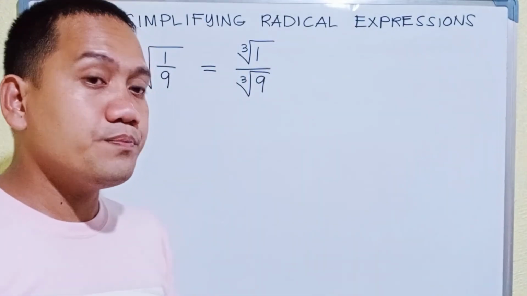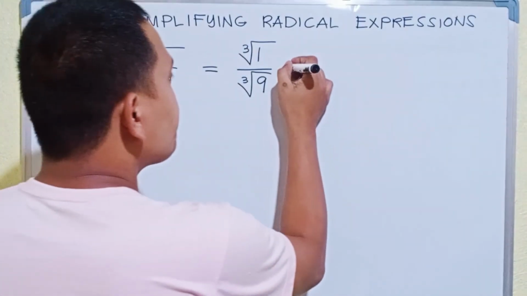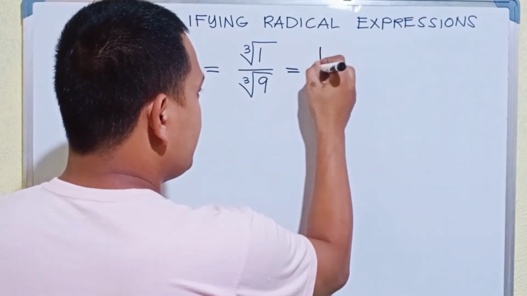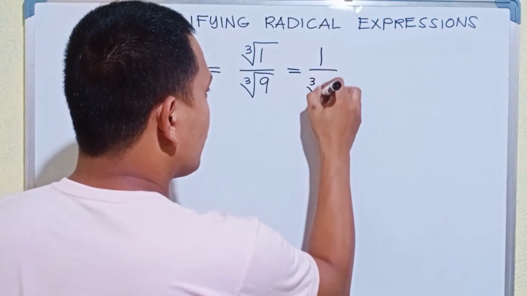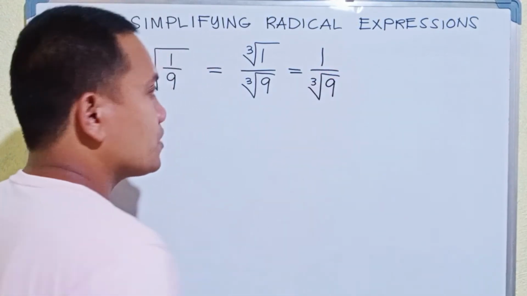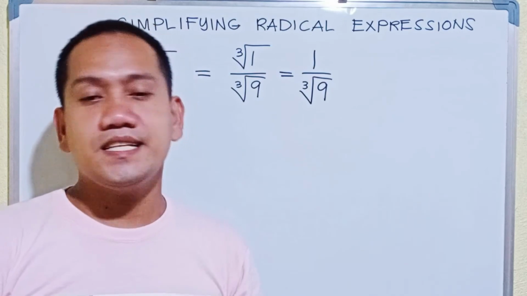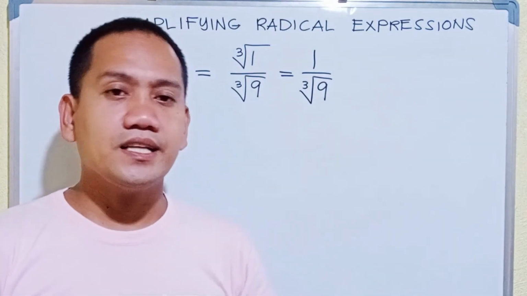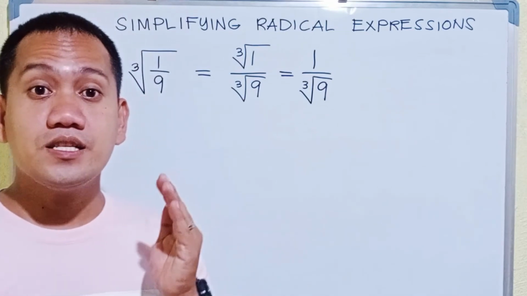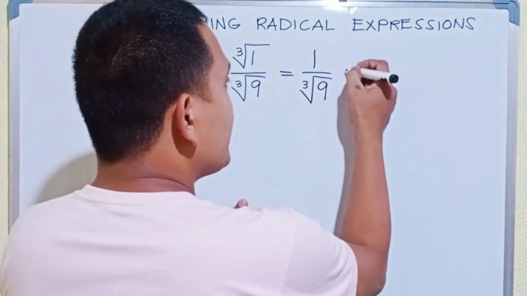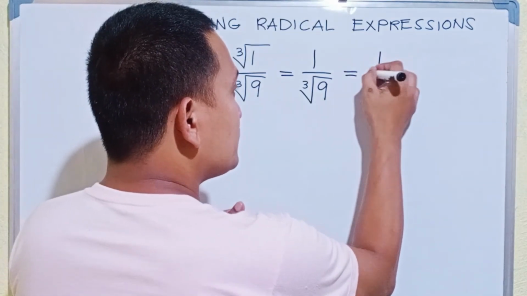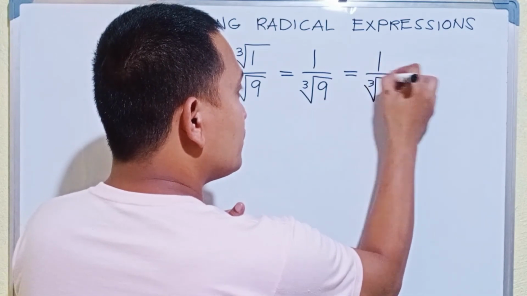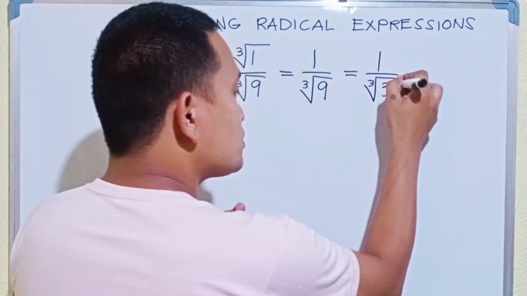So let's try to simplify. Cube root of 1 is equal to 1, and again we will have cube root of 9. Since 9 is a perfect square, exponentially we can write 9 as 3 squared. So we will write this one as 1 over cube root of 3 squared.